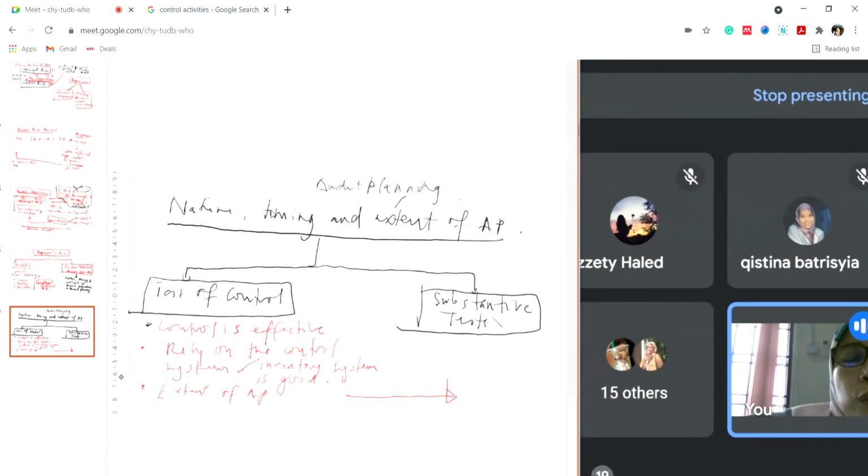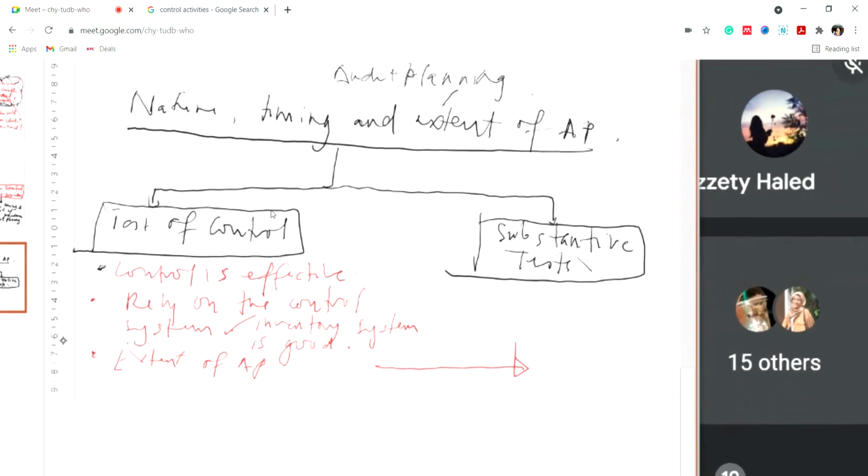Do you want to perform more audit tests? Do you want to perform more substantive tests? Because you already rely on the control system of inventory, you can reduce your substantive tests.